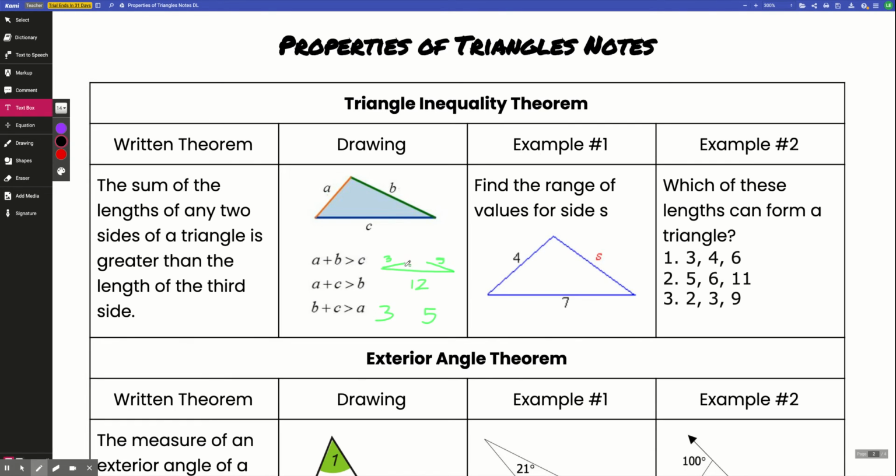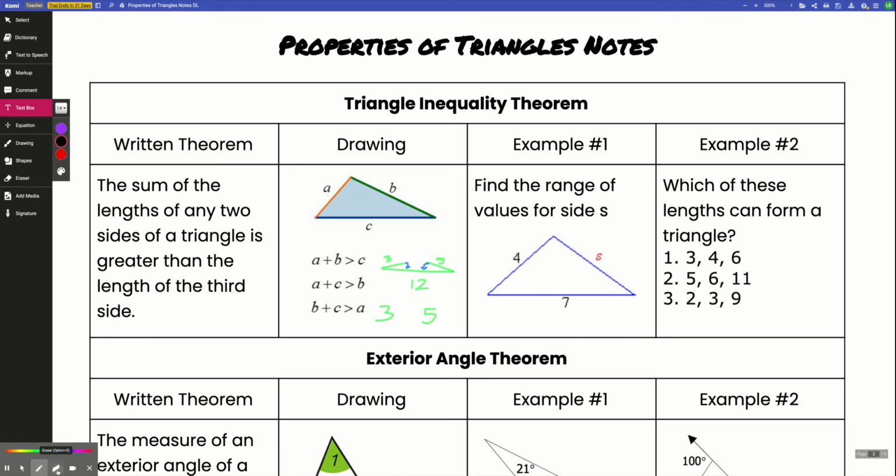Even if you pull them down closer to the long side, trying to make the angle at the top as big as possible and the angles at the bottom as small as possible, these two sides are never going to touch. They're never going to reach each other.